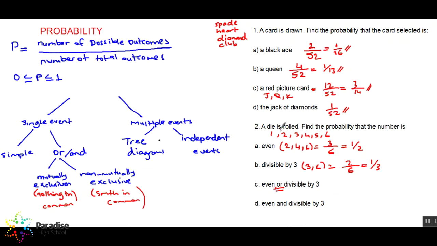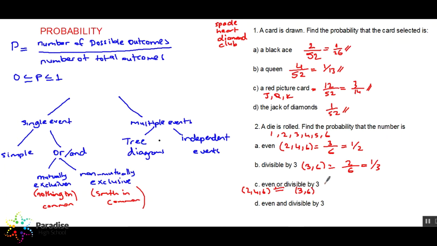This is one event taking place, a die is rolled, and there are two conditions, even or divisible by 3. So, is there anything in common? What are the even numbers if a die is rolled? It is 2, 4, and 6. And what are the numbers divisible by 3? It is 3 and 6. Is there anything in common between these two conditions? Yes, 6 in common. Then this is non-mutually exclusive event.